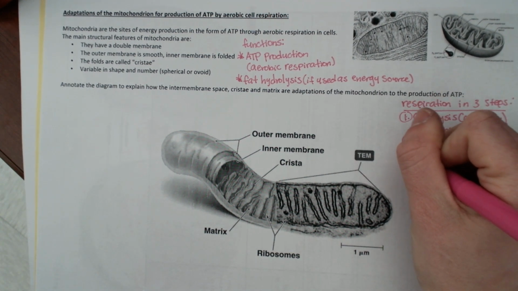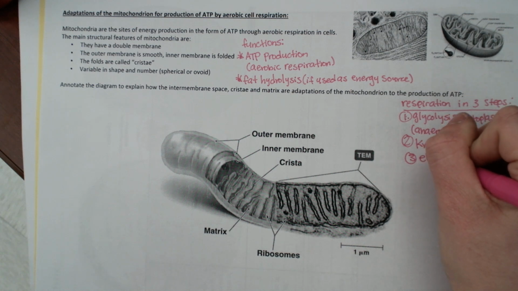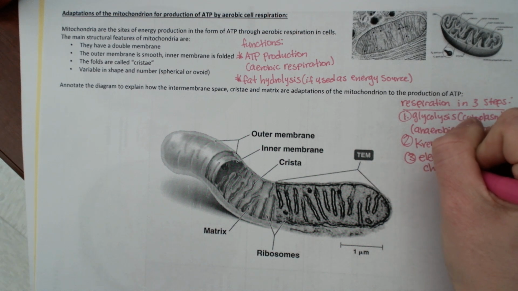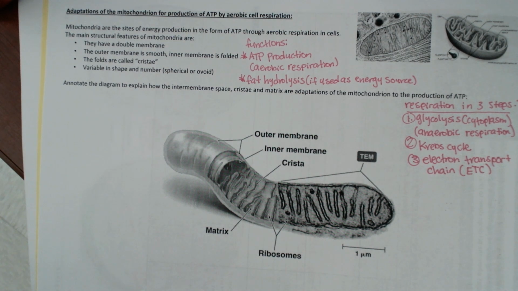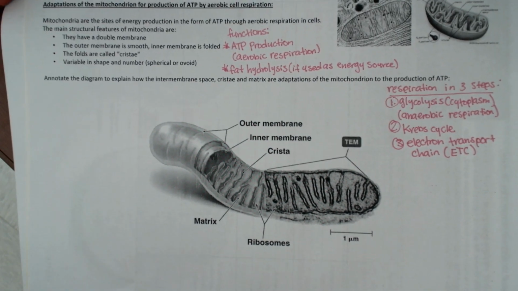And then your third step is the electron transport chain, abbreviated as ETC. And so those are the functions. That's what happens here. That's why we need this.